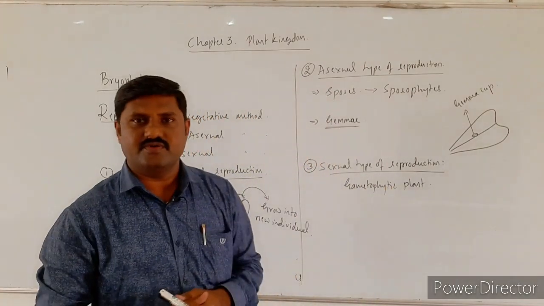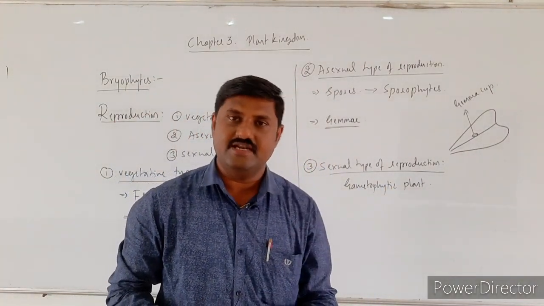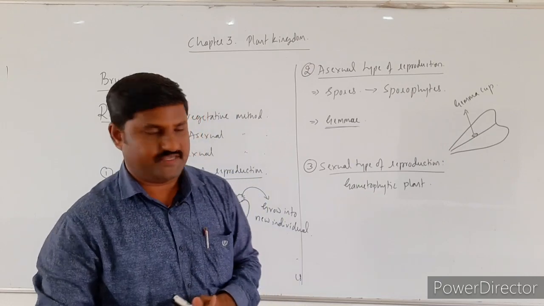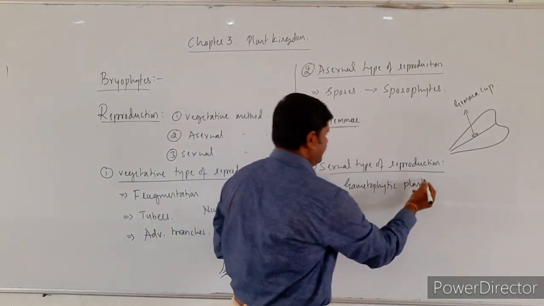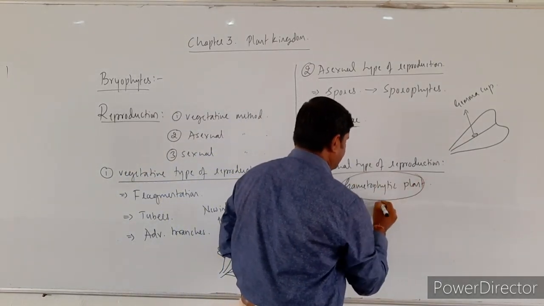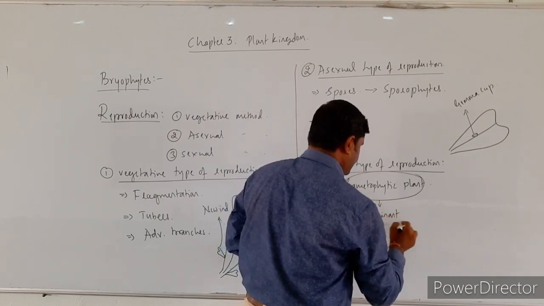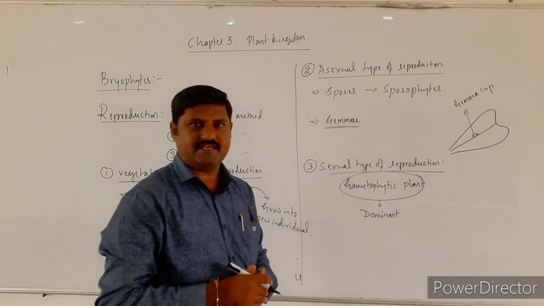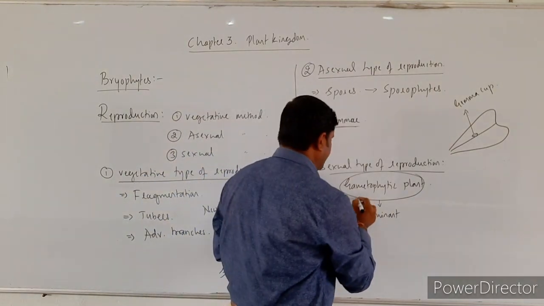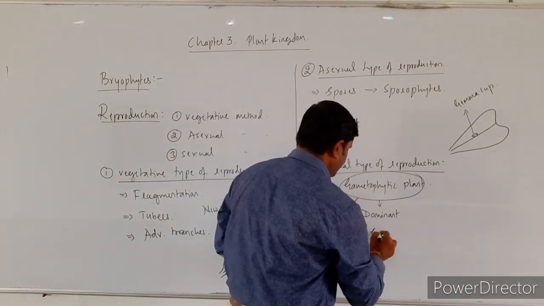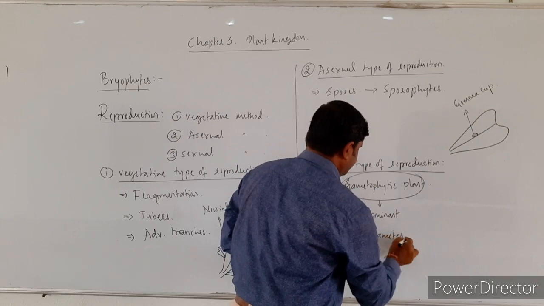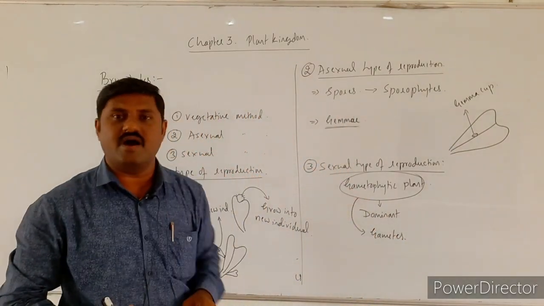In this plant, gametes are produced. This is the dominant phase of the life cycle, and this gametophyte produces gametes. Where are these gametes formed?